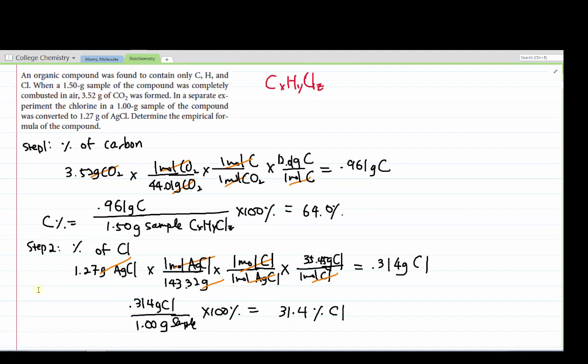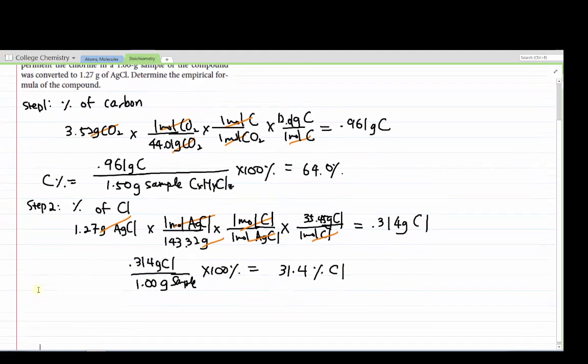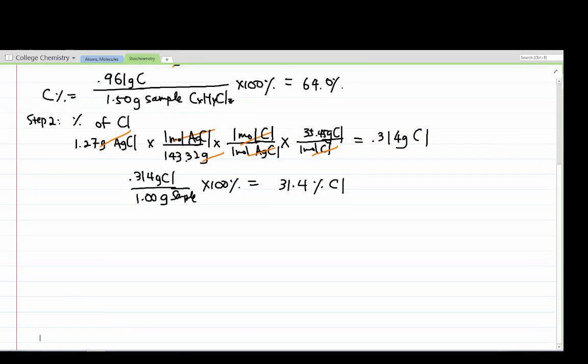So what we're gonna do: our total minus the percentage of carbon minus the percentage of chlorine gives you the percentage of hydrogen.